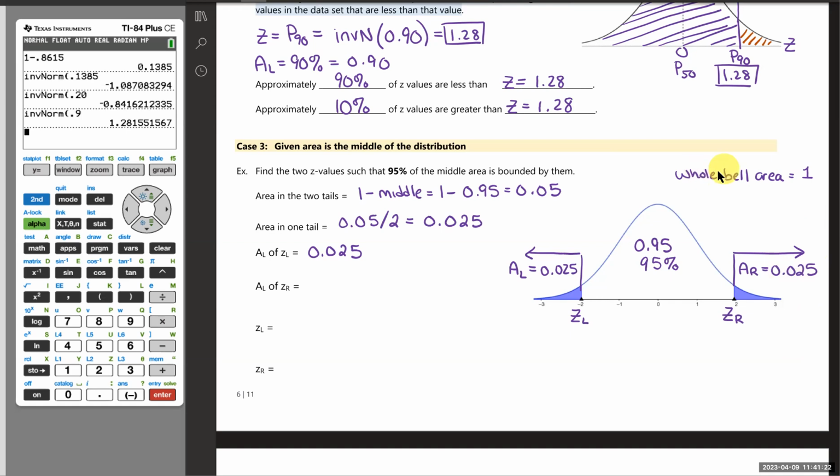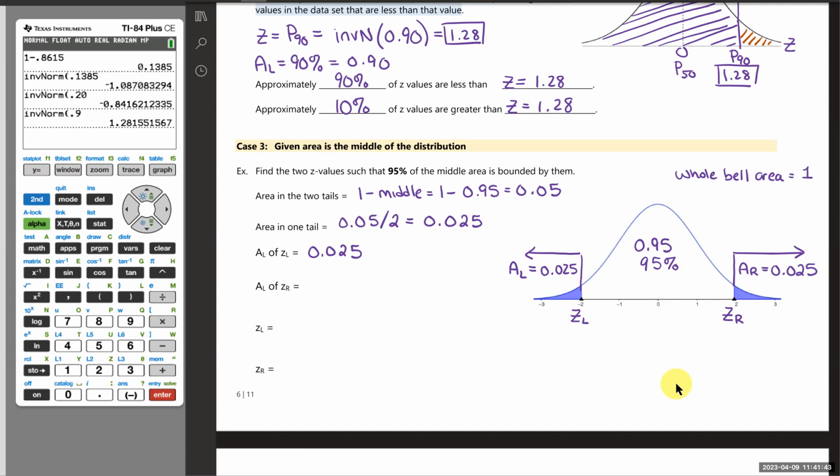Did we do it correctly? If I add up all those areas, 0.025 plus 0.95 plus 0.025, you indeed get 1. We're just breaking up the bell into the middle and the two tails.